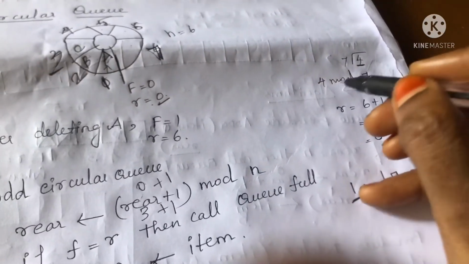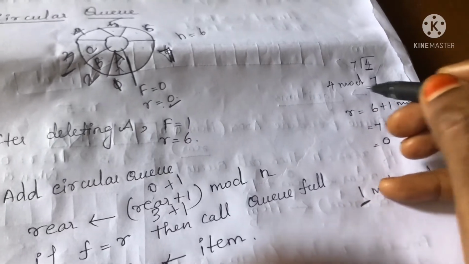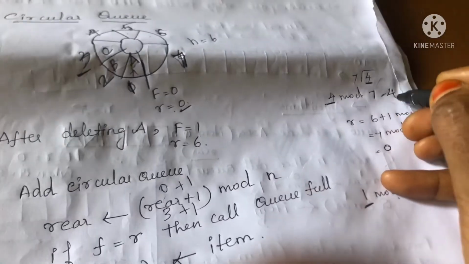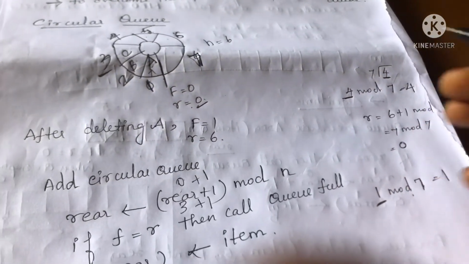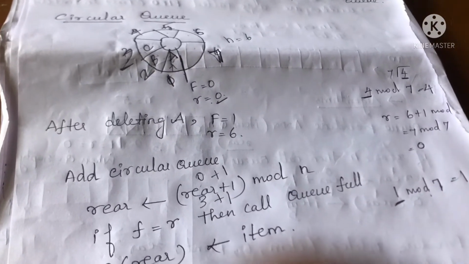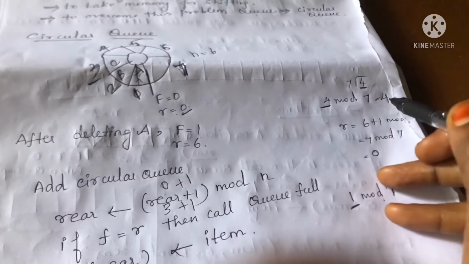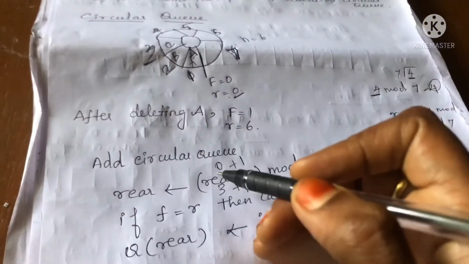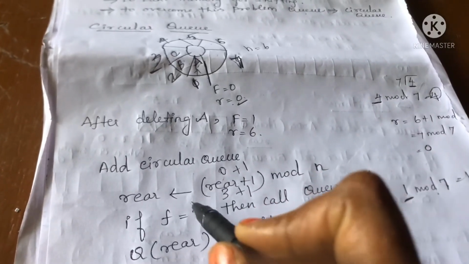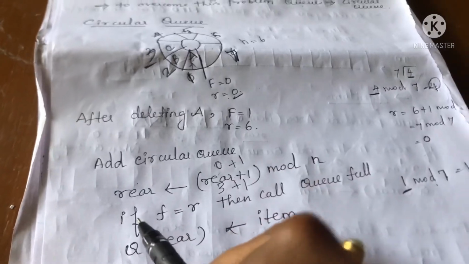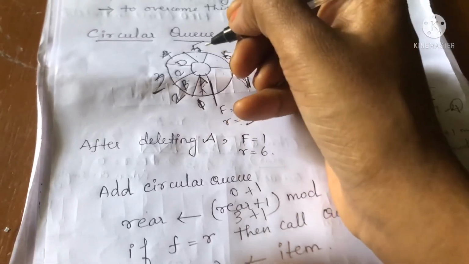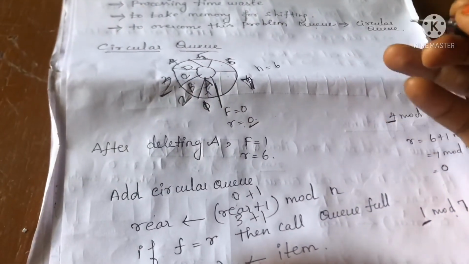We compare these two numbers; one is the lesser value, so the answer is also 4. The mod operator means we divide the numbers, and the remainder is the answer. Here the lesser value is the answer, so this is the mod n result, and we assign it to the rear value. Likewise I am adding D, then incrementing by 1, that is 5 mod n, the answer is 5.